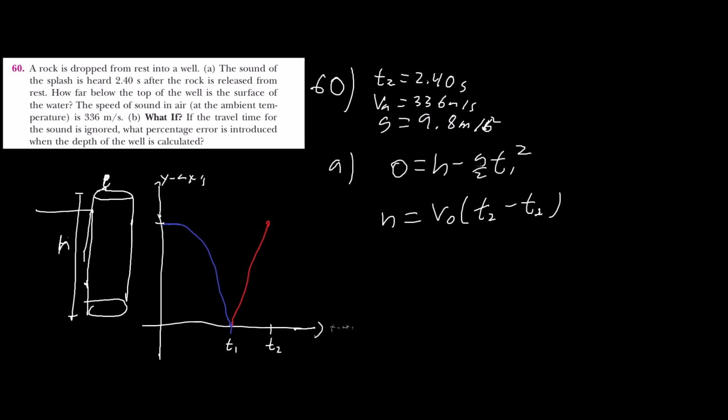So let's think about this. What we ultimately want is to solve for h. We could solve for any of the variables, and the only unknown that we have is t1.